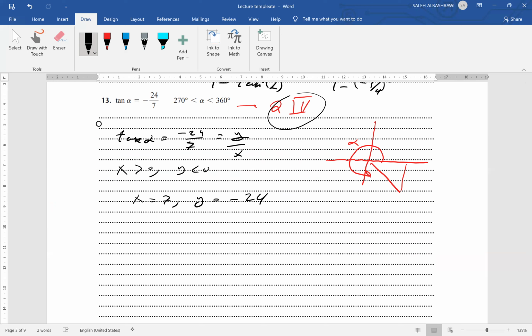Now what is missing is r. R is not given, so I have to find r. So we have y is minus 24, and x is plus 7, and r is given by square root of x square plus y square, which is equal to square root of 7 square, which is 49, plus 24 square, which gives me 576.